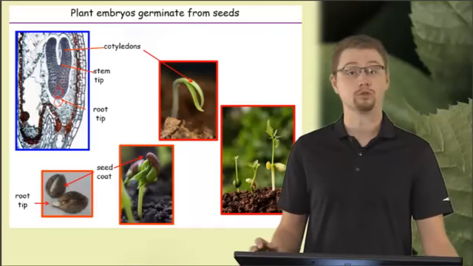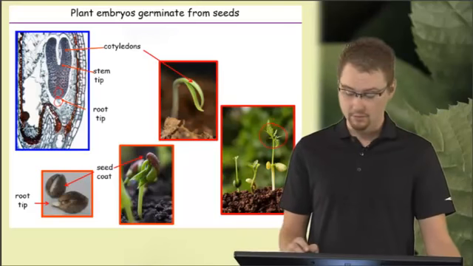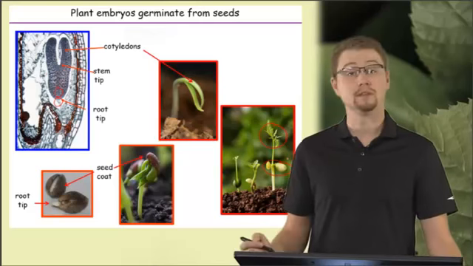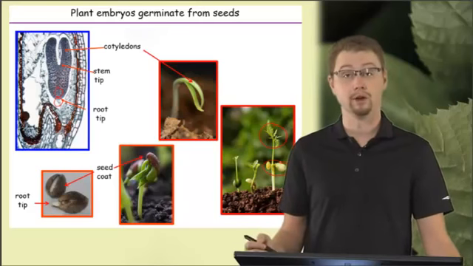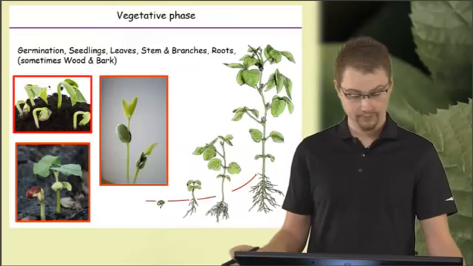Now, depending on the plant that you are looking at, these cotyledons may emerge above the ground, as you can see here, or they may remain below the ground. And in the common bean species here, you can see that the cotyledons emerge above the ground before undergoing photosynthesis to produce the first set of leaves.